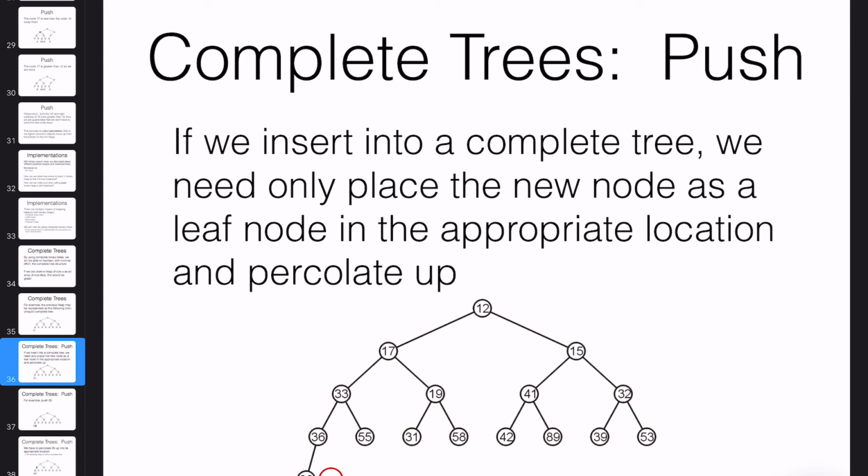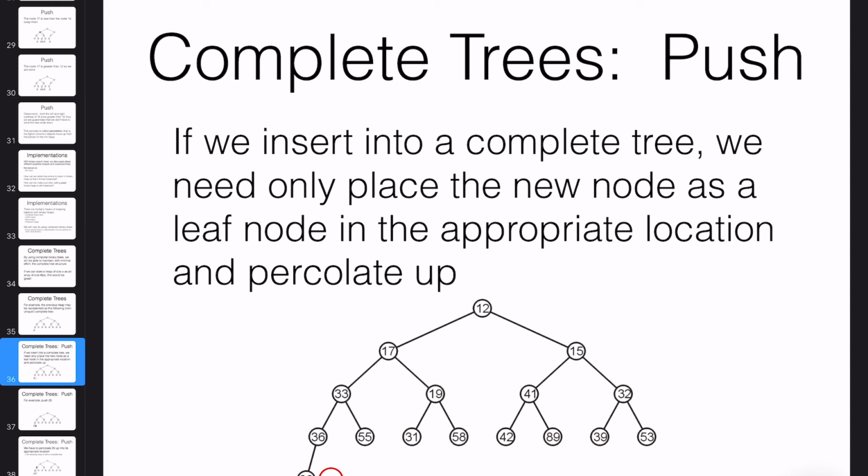The first method is going to be the method push that I'm going to cover. Remember, for the method push, I said we find some arbitrary position as a leaf node, and you add a new leaf node to the tree, put the item there, and percolate it up. So now if your binary heap is in the form of a complete binary tree, you cannot put your item as an arbitrary leaf node.